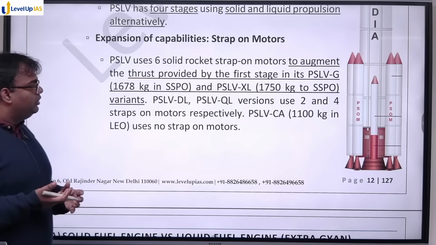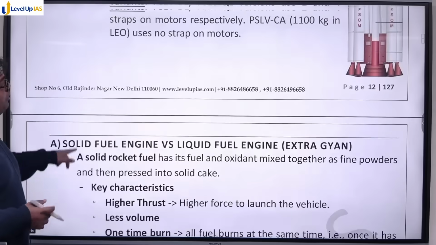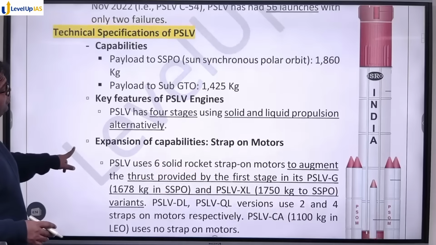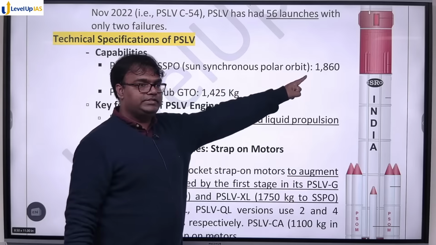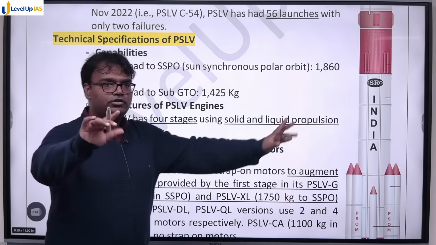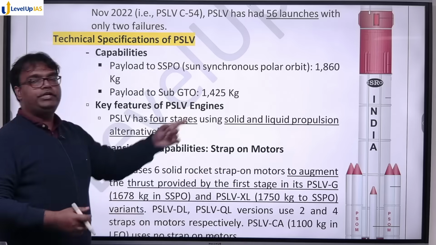So it tells you the capacity difference. One more thing to note: to SSPO or low Earth orbit it can carry roughly 1800 kg, but to GTO it can only carry 1400 kg.